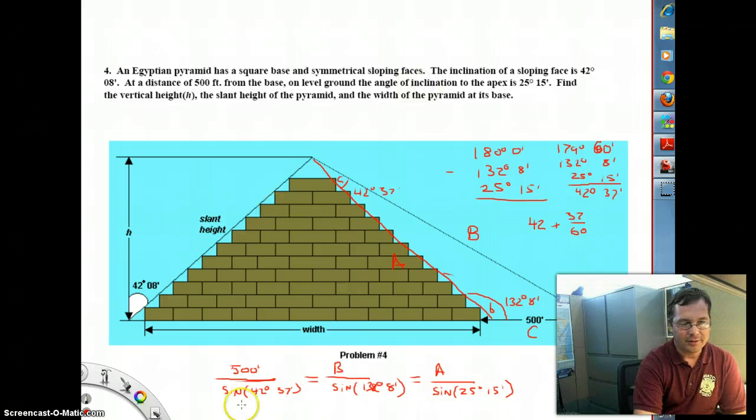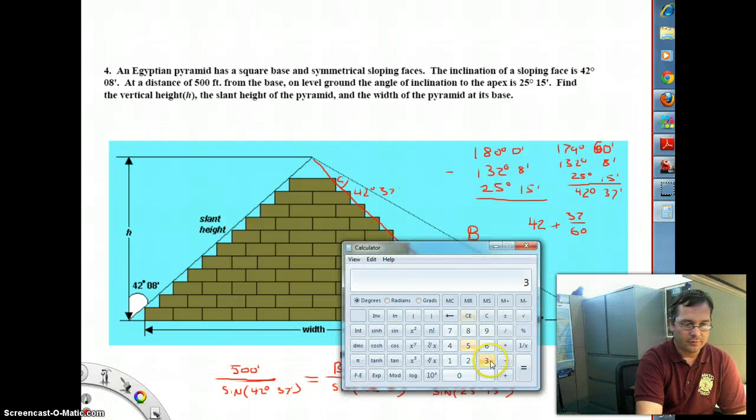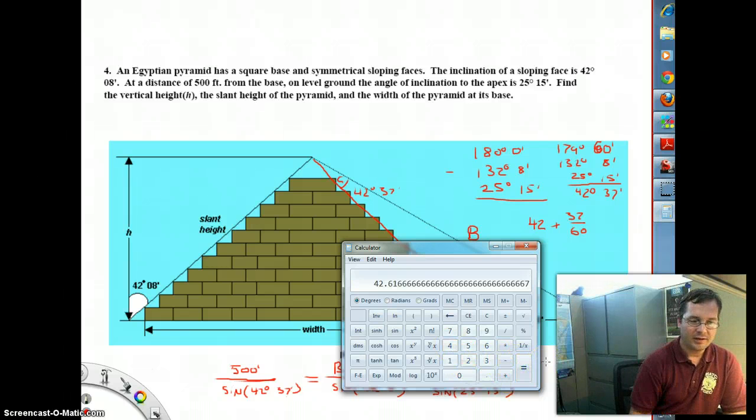So if I pull up my calculator, the calculation becomes pretty simple. It's just 37 divided by 60 plus 42. So 37 minutes is about 62% of 1 degree, plus 42. And let's keep 3 decimal places.